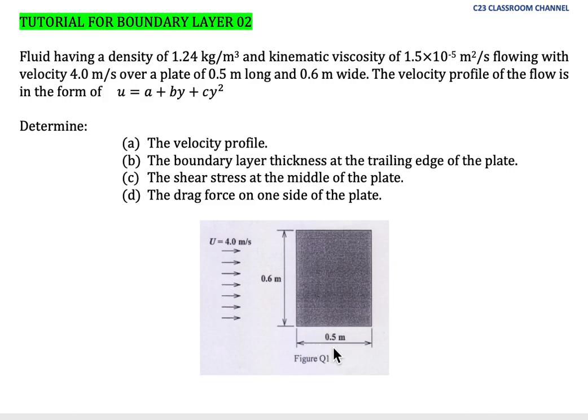So we substitute the value of 0.5 meter for x in the equation. If the free stream velocity is flowing from bottom to top like this, now 0.6 becomes its length. So we need to use 0.6 in the equation if the free stream velocity is flowing in this direction. Please make this thing clear.